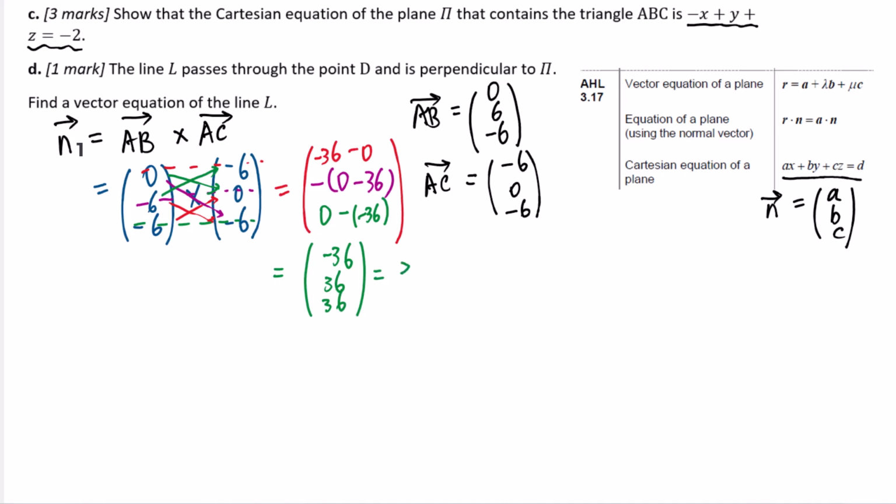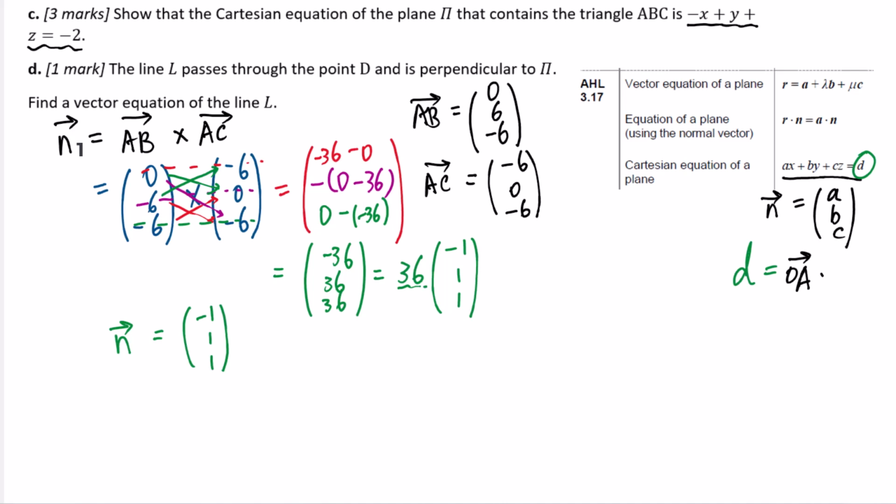Since a normal vector is a direction vector, we will take a common factor 36 out. Remember, normally we take out a positive common factor. So normal vector n equals (-1, 1, 1). D equals position vector dot this normal vector.